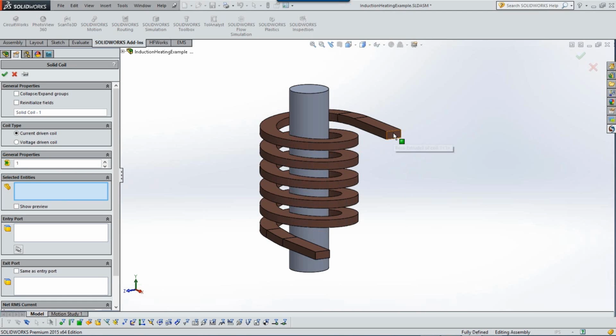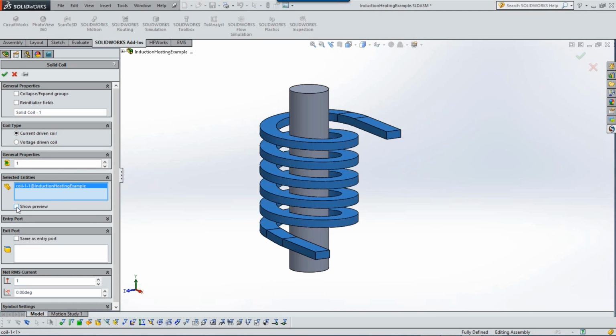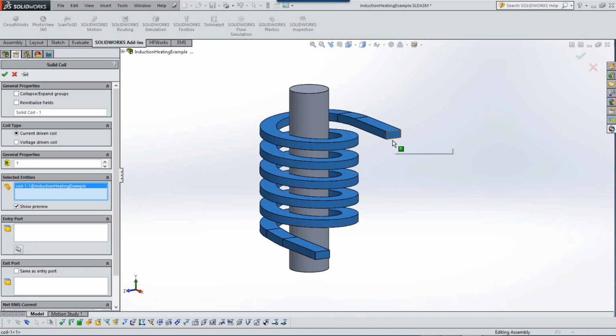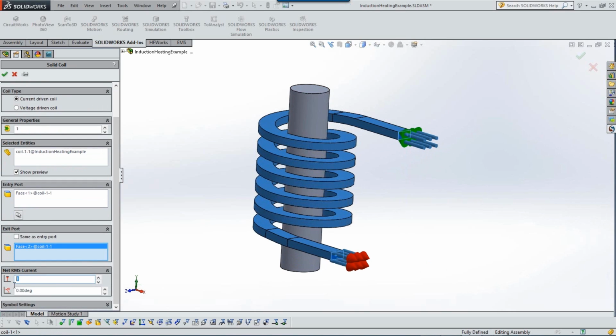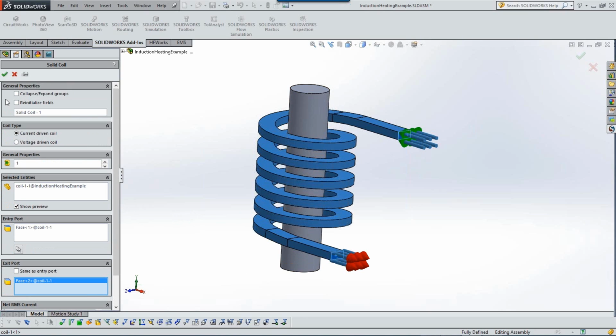I'm going to select this as my coil, and I'm going to say where my current enters and where my current exits the coil, and then we define the RMS value of the current. In this case, it's 500 amps. This is an AC current, and I'm going to go ahead and say OK.